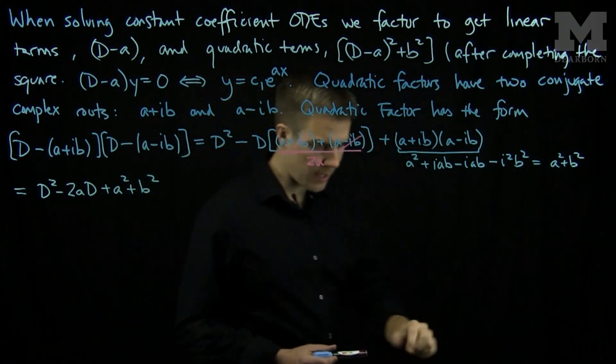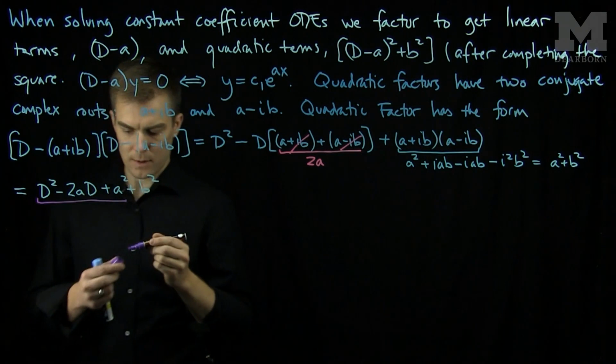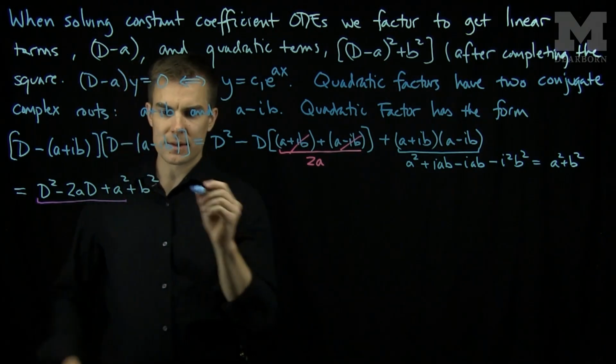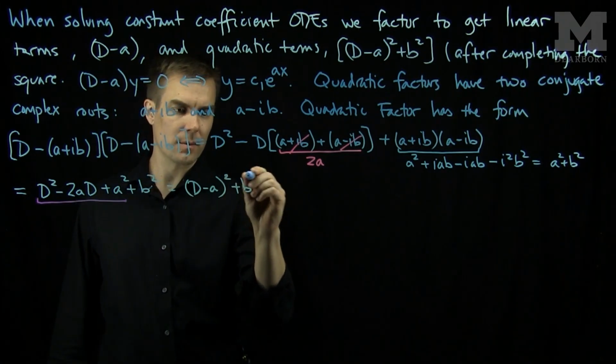We now realize this term is a perfect square, and we write this as d minus a squared plus b squared.